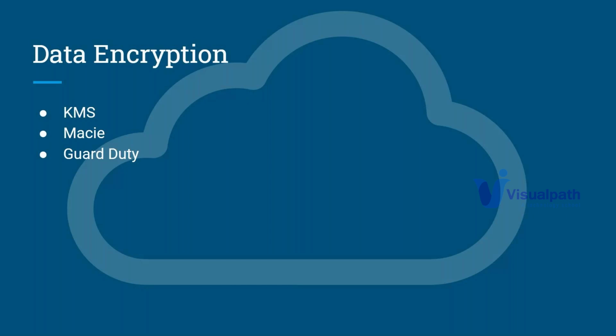Macie uses machine learning to hide and mask data, and it will do data masking, access control, and so on. And GuardDuty monitors whenever a security breach happens or an unauthorized access comes into the picture, and it will alert us.